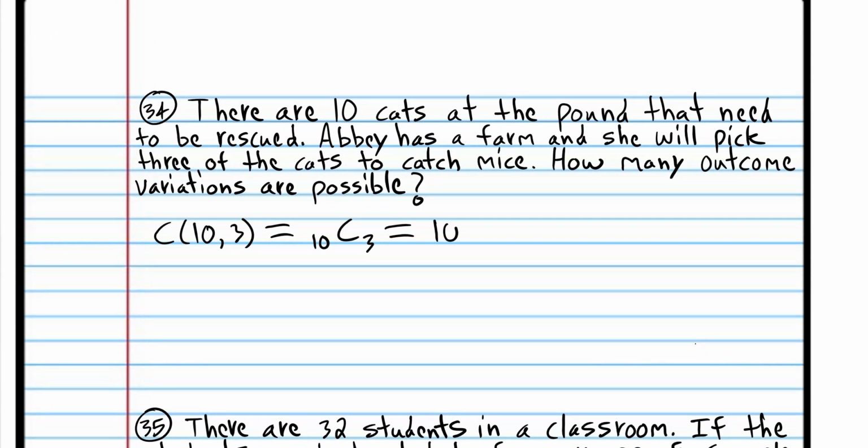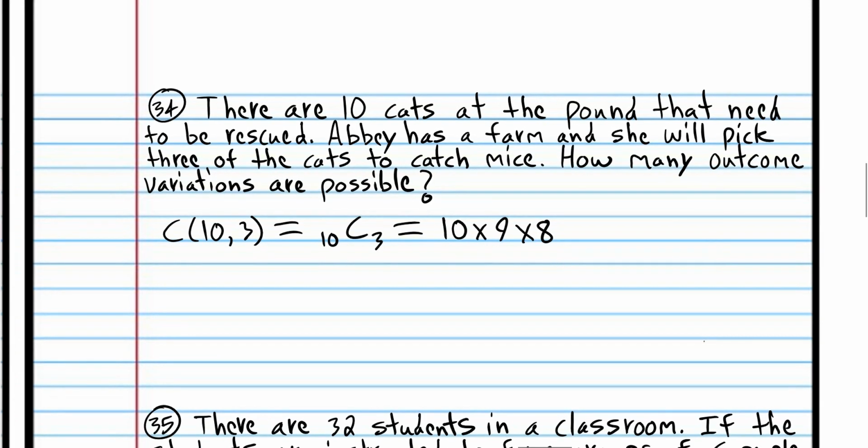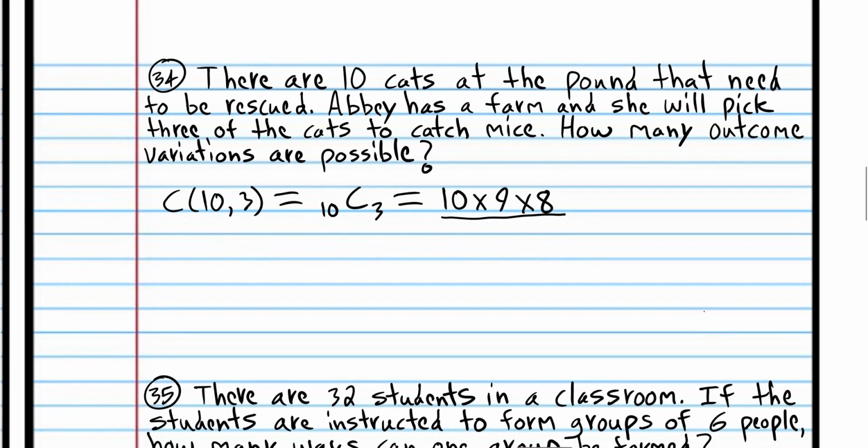So we have 10 options for the first cat, 9 for the second, 8 for the third, and 7. Actually, no, we're only choosing 3 cats. But this counts the permutations of the cats. We don't want to count the permutations. So we're going to divide by the number of ways that you can permute the cats, because each group has 3 factorial ways that you can permute the cats.